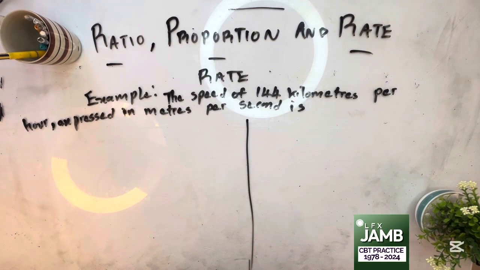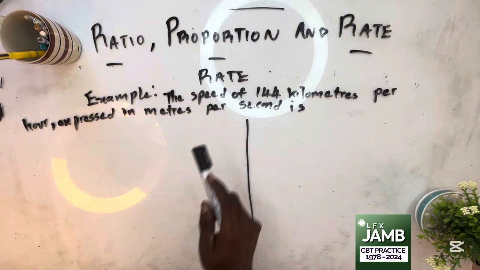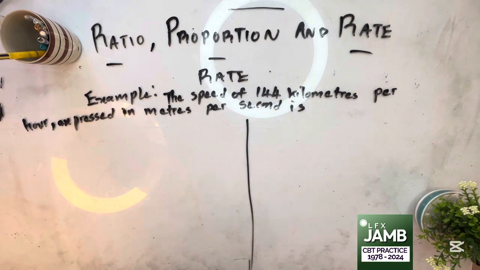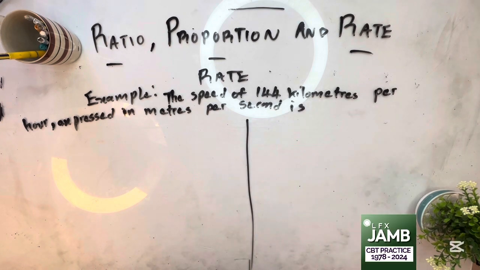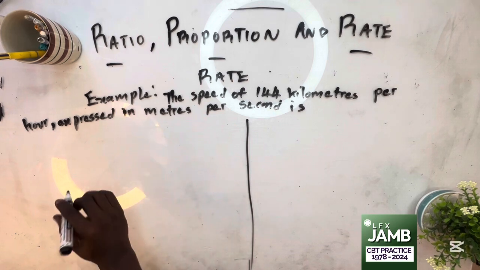Welcome back. Now we are asked to find rates. We are solving rates. They asked us to find the speed of 144 kilometers per hour expressed in meters per second. I'm going to solve this as simply as possible for you to understand, so that it will be fast for you. Now this one has no challenge in it.